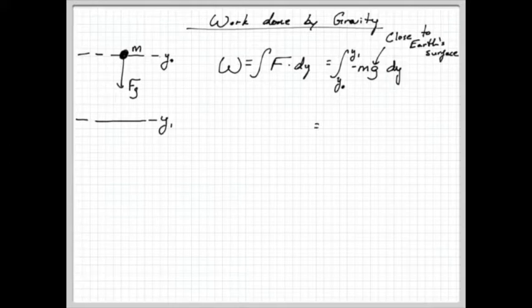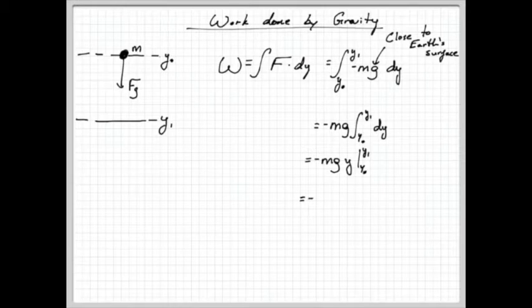If we do the integral of this, mg is a constant, so we're really just taking an integral from y0 to y1 of dy. All that means is the antiderivative of 1 is y, so we evaluate that between y0 and y1.